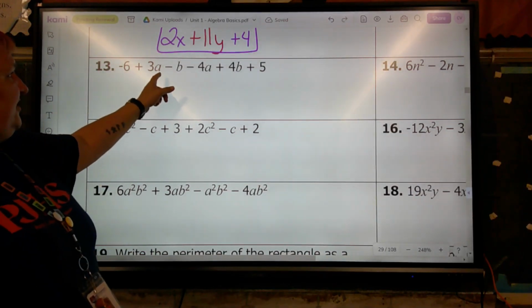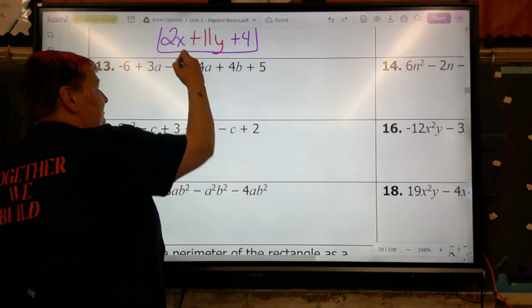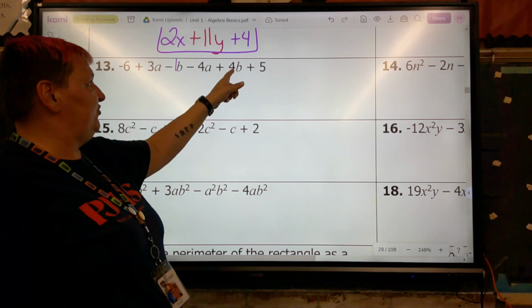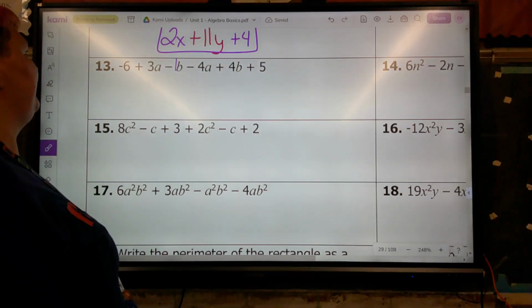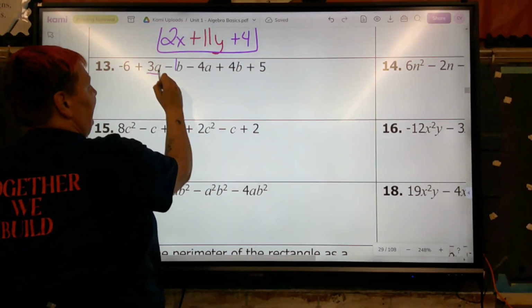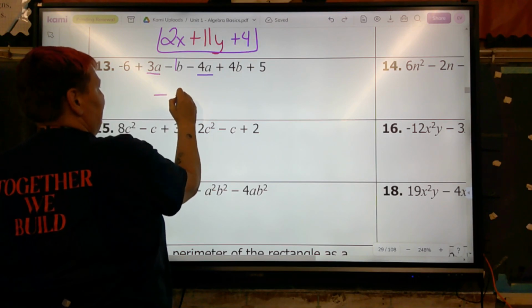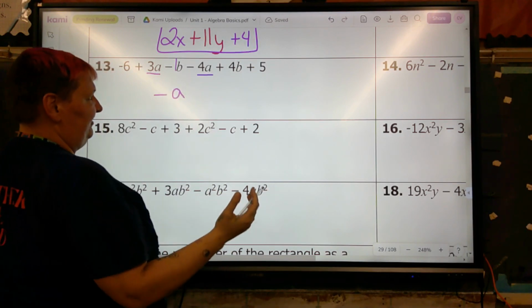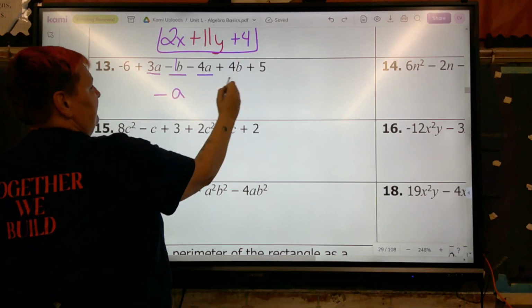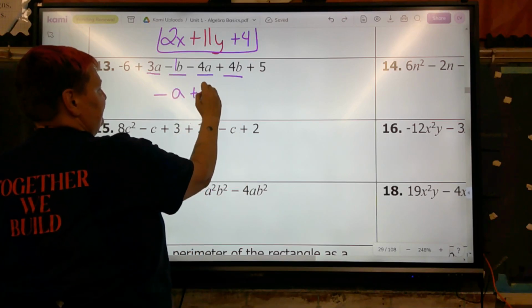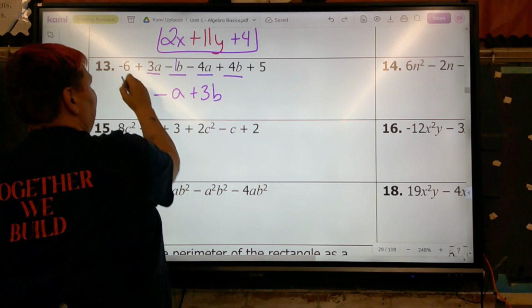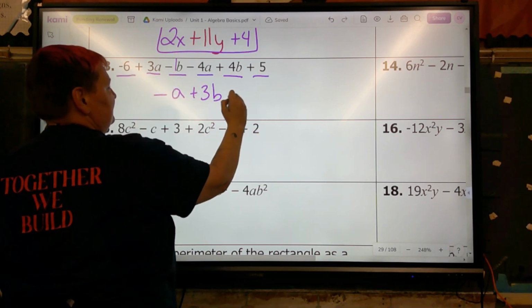Negative 6 plus 3a minus 1b minus 4a plus 4b plus 5. Whew, they're playing with us. Alright, so 3a minus 4a is negative a or negative 1a. Negative 1b plus 4b is positive 3b. Negative 6 plus 5 is negative 1.